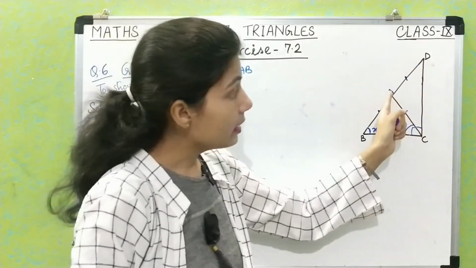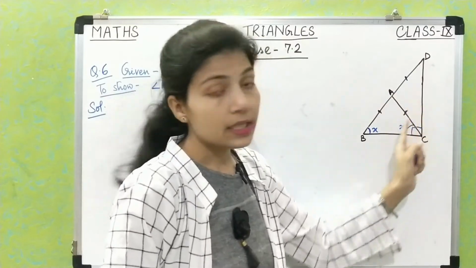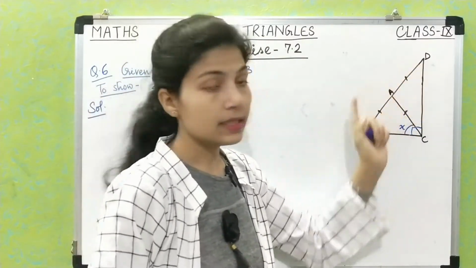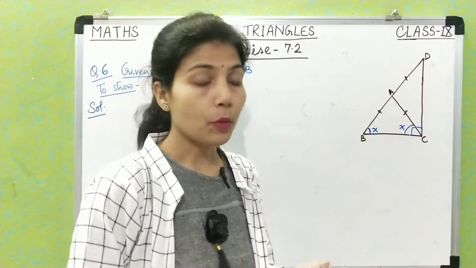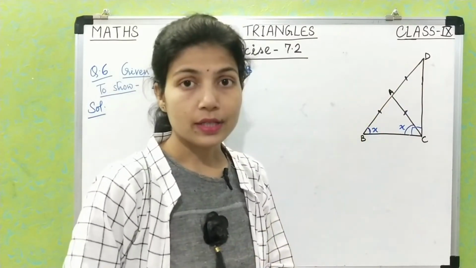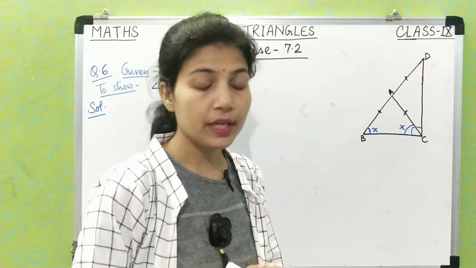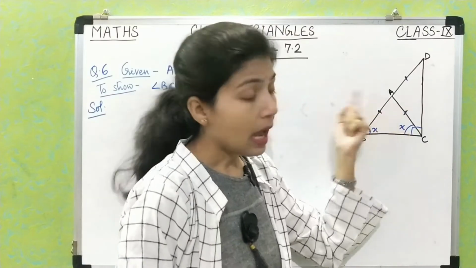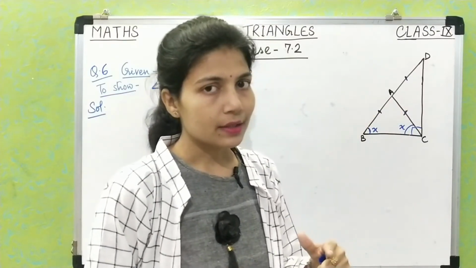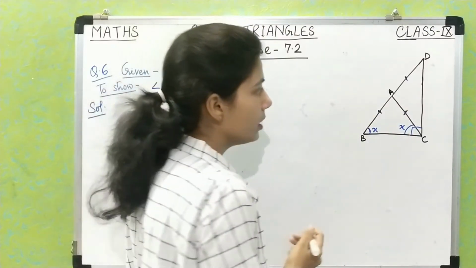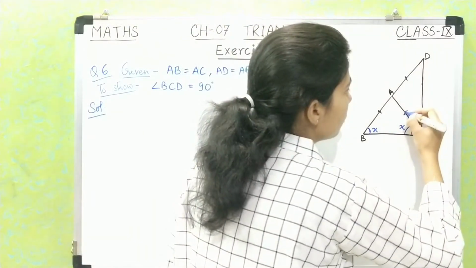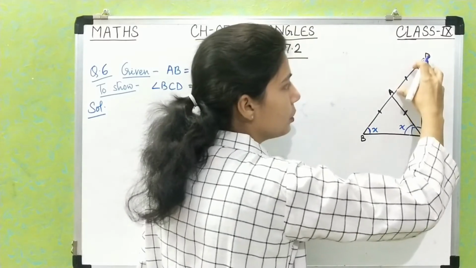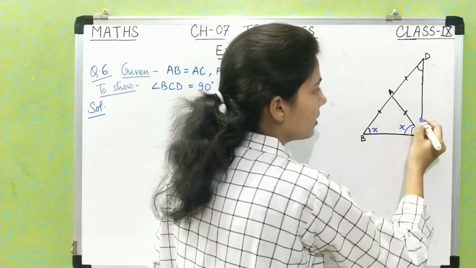It means ADC is an isosceles triangle in which the sides AD and AC are equal. It is the property of an isosceles triangle that we proved in the previous session: angles opposite to equal sides of a triangle are equal. So the angle opposite to this side is this, and the angle opposite to side AD is this.